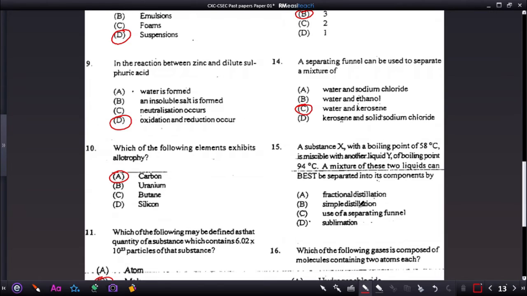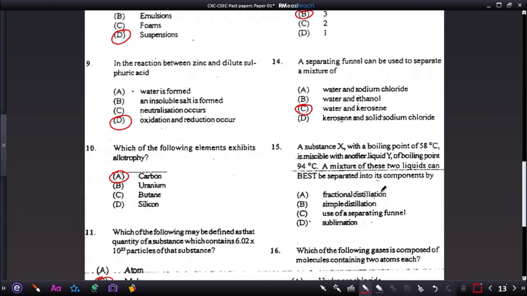The difference is that fractional distillation is more complex, or for lack of a better word, more high-tech. It is used to separate the miscible mixture where their boiling points are very, very close, and that is why it is applied with great effect in the petroleum industry, because you can get the different substances coming off at very close temperatures.